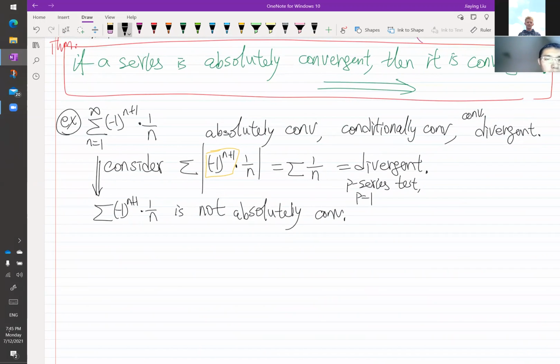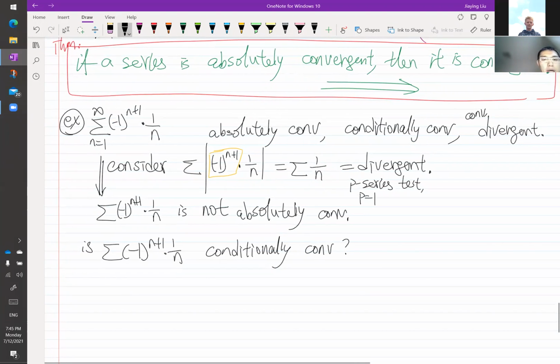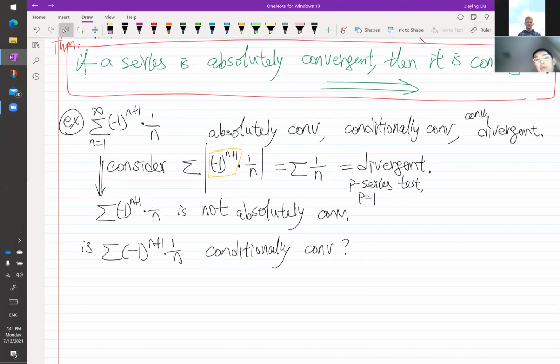So the question is, is this series conditionally convergent? Well, we need to know if it's convergent at all, right? How do we find out if it's convergent? Well, that will go back to the alternating series test.